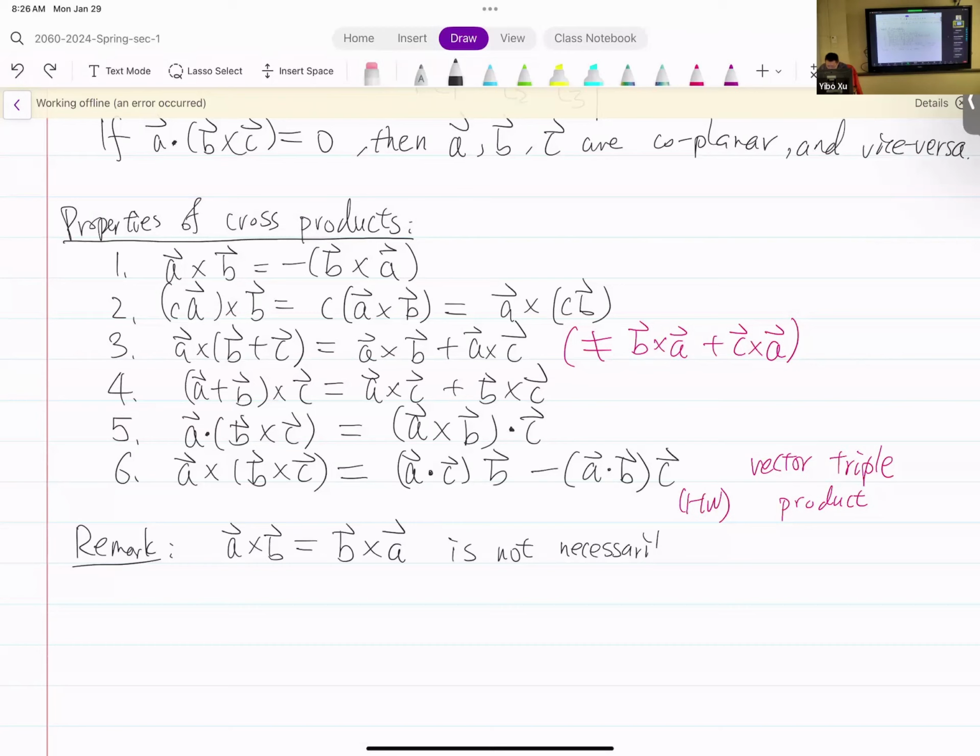Sometimes it's tempting to write down seemingly reasonable statements, but they must be verified in order to be always true.